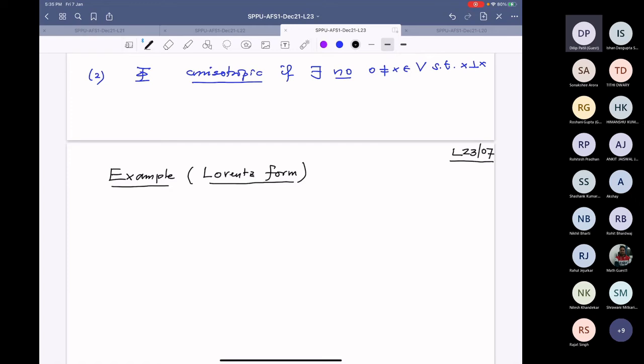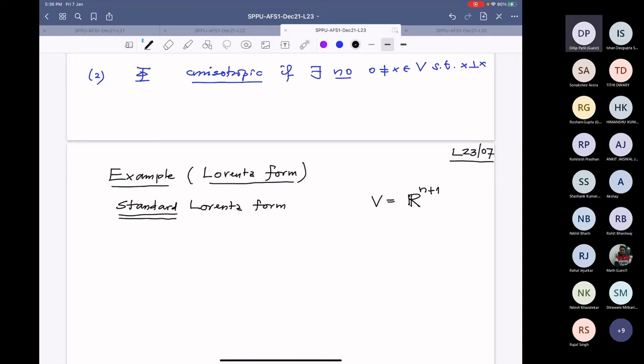First, I will give you the standard Lorentz form. And remember, when I say standard Lorentz form, that means I will give the example on a standard vector space, that means I have given the coordinates. So what is the standard vector space? I will take V equal to R^(n+1), n is any natural number.